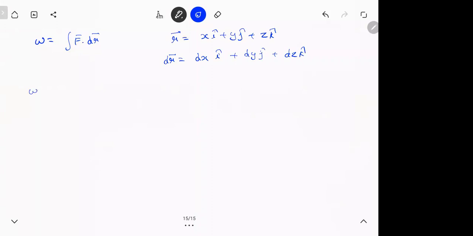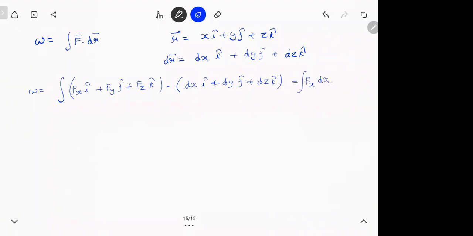So here the work done formula becomes integral of (Fx i cap, Fy j cap, Fz k cap) dot product (dx i cap, dy j cap and dz k cap). When you multiply them, you get integral Fx dx, integral Fy dy, and so on. If force is not constant, you have to integrate. This is the idea.